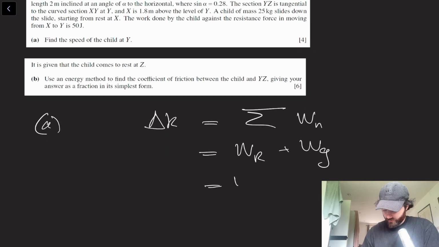Well, we know this already. It's just minus 50 joules. But this other thing is work done, which is force times displacement, and the force is the weight. So this is going to be equal to WR plus mgs.